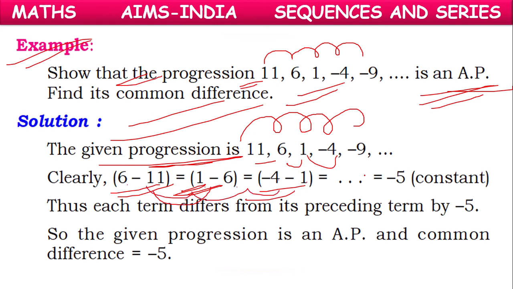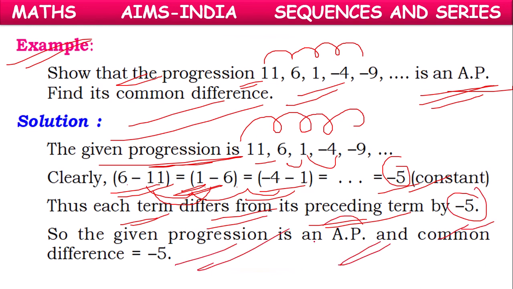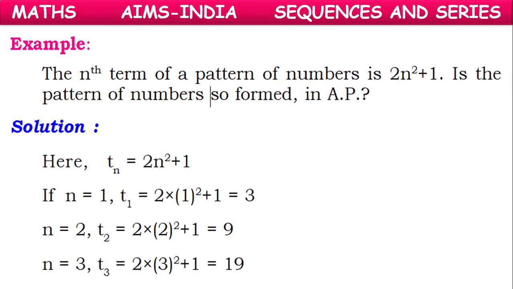The difference of two terms is constant, equal to minus 5. So each term differs from its preceding term by minus 5. So the given progression is an AP and the common difference is minus 5.